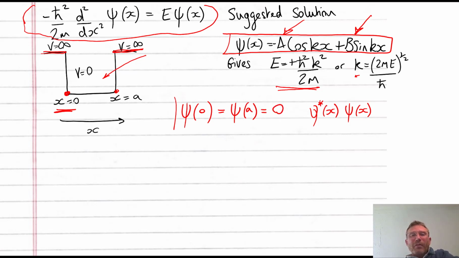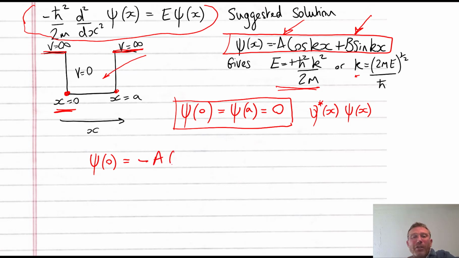When we apply this boundary condition, it allows us to ask what the conditions are. Let's plug psi of 0 into our expression here. So that is minus a cosine k times x, which is 0, plus b sine k times x, which is 0.